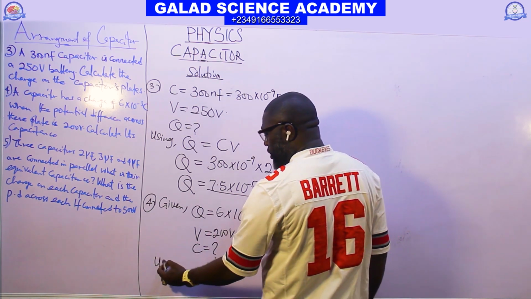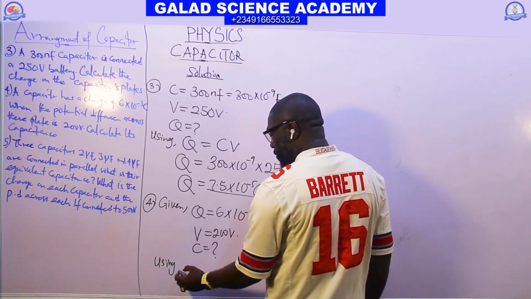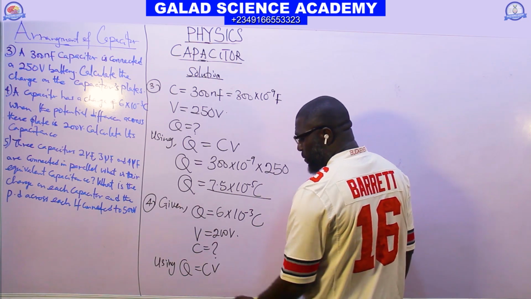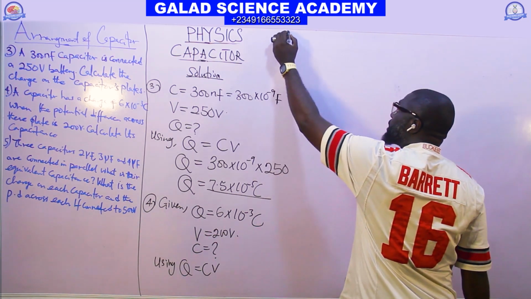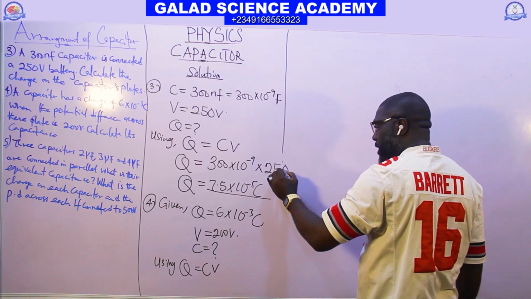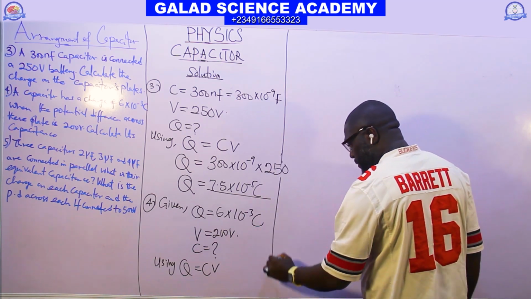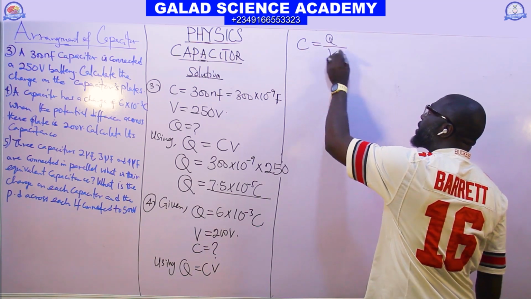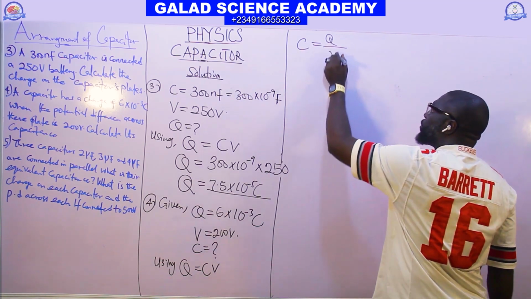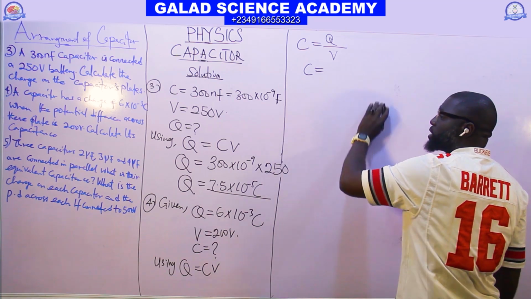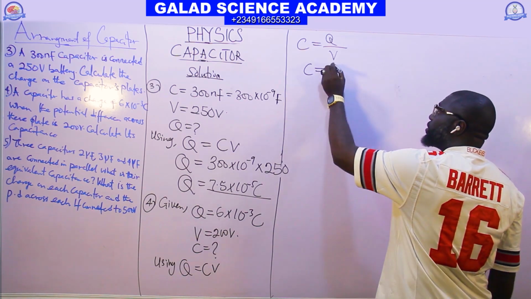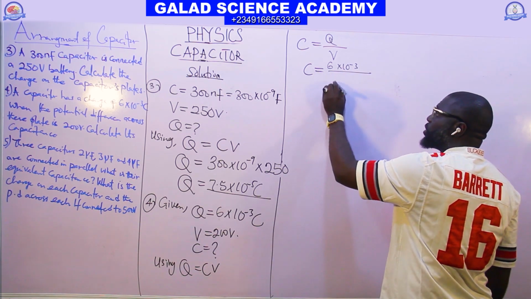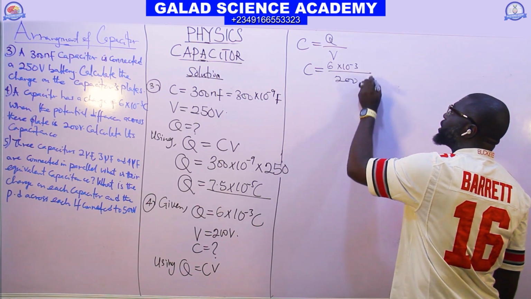So you will use the same formula. We say that Q equals CV. From this expression, C should be Q over V. Our Q given is 6 times 10 raised to the power minus 3 coulomb, over 200.